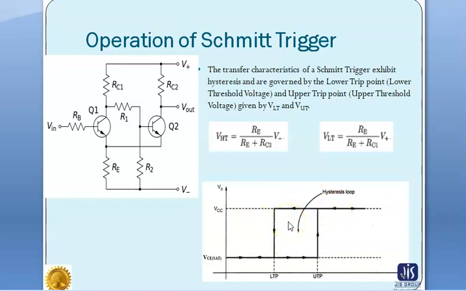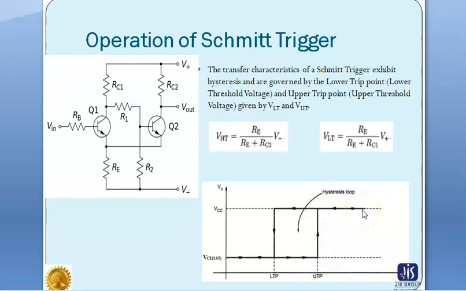Now, what is hysteresis? It is the phenomenon by which the circuit triggers at a higher voltage for increasing voltage than for decreasing voltage. Here we can see, if we increase the input voltage, then the voltage at which the output changes from low to high is known as the upper threshold voltage.